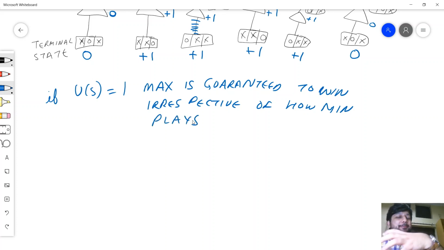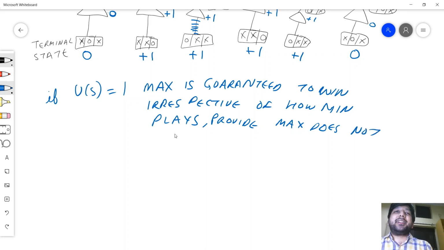If Min plays beautifully, Max will win. If Min plays very badly, Max will win. It may win even better. So Max is guaranteed to win irrespective of how Min plays, provided Max does not make a mistake.